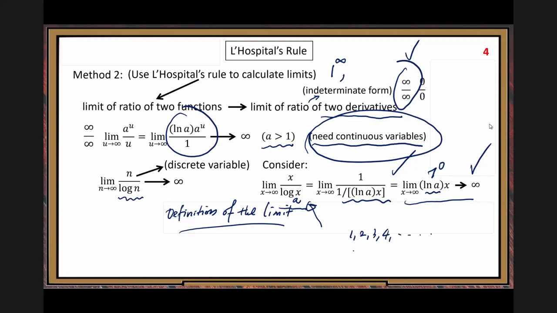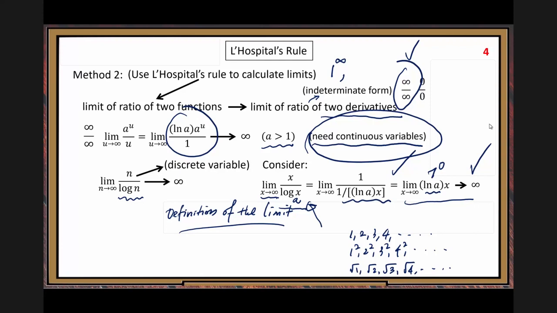Can we take x as 1 squared, 2 squared, 3 squared, approaching infinity this way? Can we take root 1, root 2, root 3, root 4 to infinity? There are so many different ways. But here, x goes to infinity. Which way?